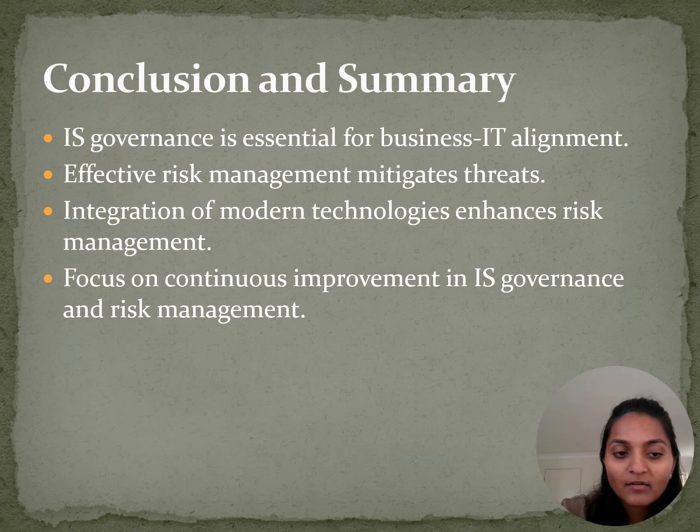Summing up, IS governance and risk management are essential factors for linking IT with business objectives and handling the related risk. Using frameworks such as COBIT and ISO 27001 enables the management of an organization to efficiently use its IT assets while controlling risk and remaining in compliance.